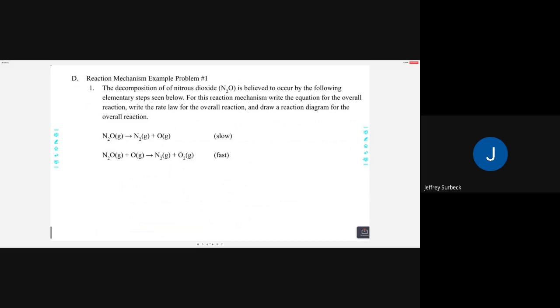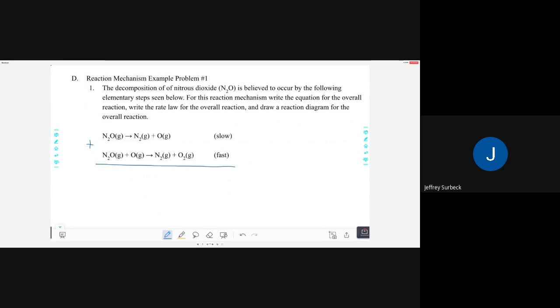So the first thing that we have to do is verify that what we want shows up in our overall reaction. So what we have to do is add our equations together, very similar to Hess's law. Now, Hess's law said items that are on opposite sides of different equations can be crossed out. Those are similar items. So we start with this.